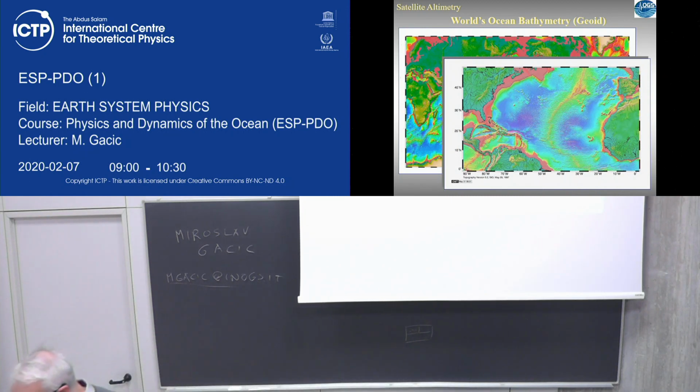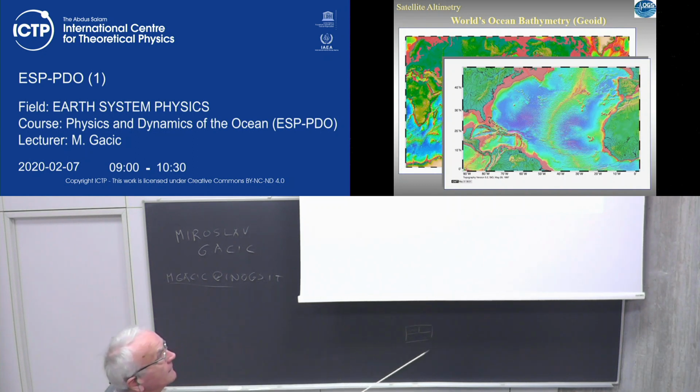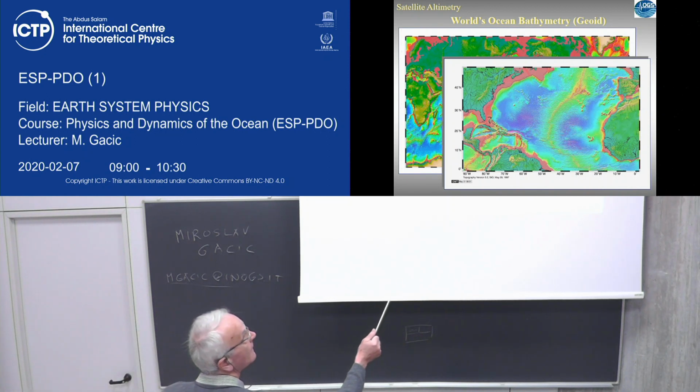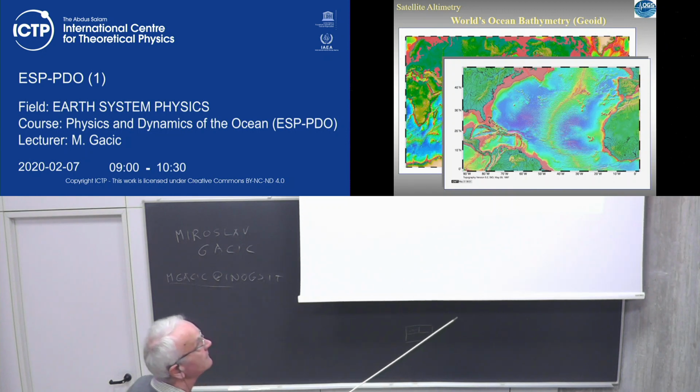Just to zoom in on a certain part of the world ocean, here you can see the North Atlantic. You can see how this mountain chain looks. You can see the isolated seamounts. You can see a rather large shelf.